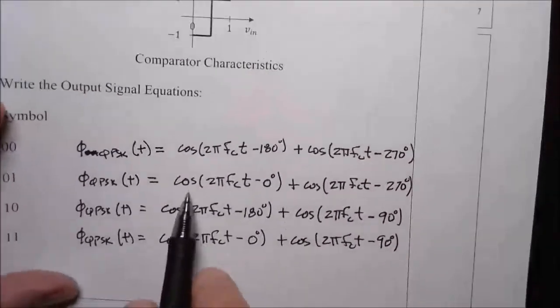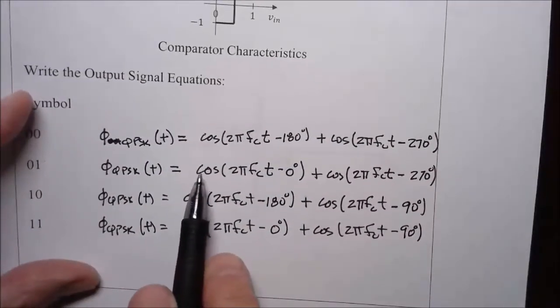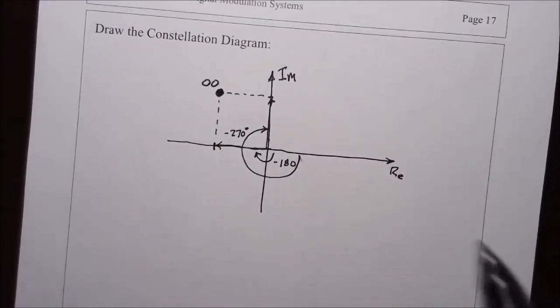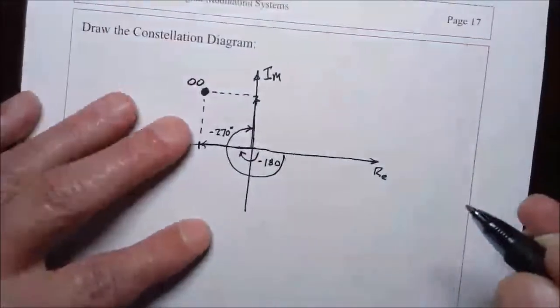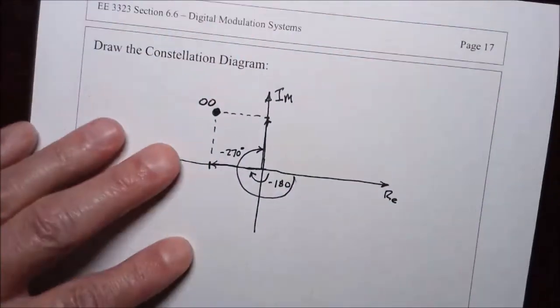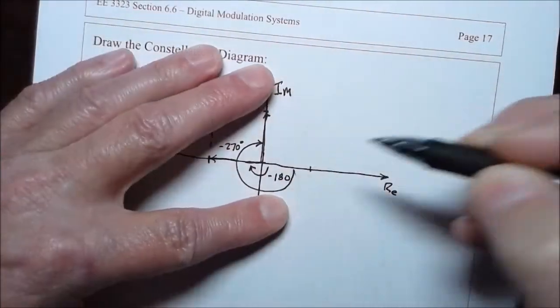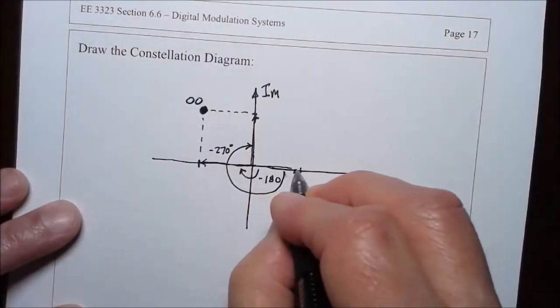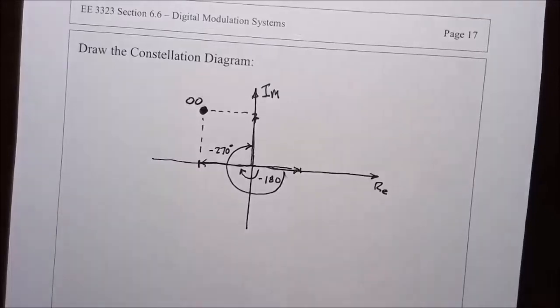Now we go to the next equation. 1 with an angle of 0 falls about right there, I think. Yeah. This is 1 with an angle of 0 on the real axis.